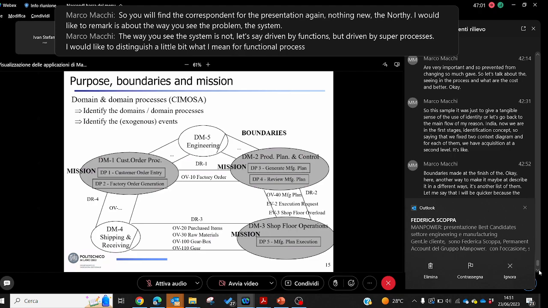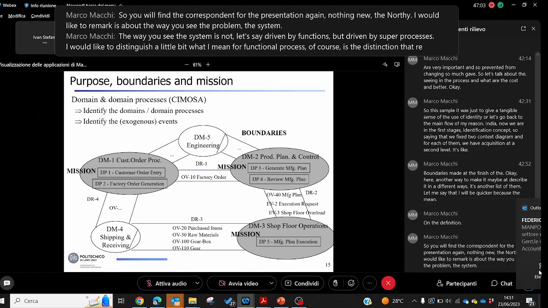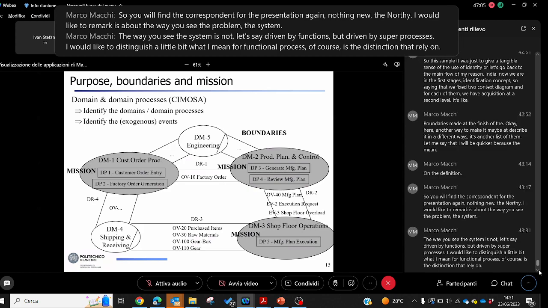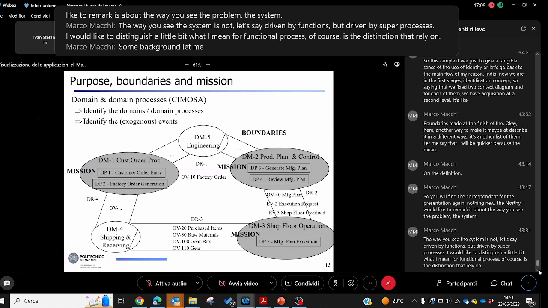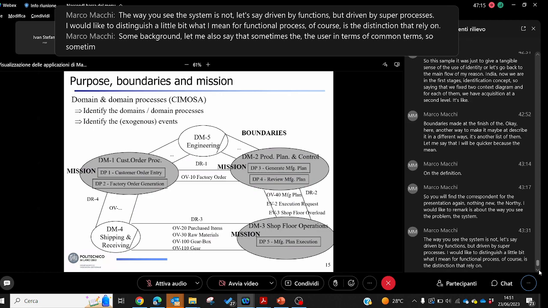Of course, it's a distinction that relies on some literature, some background. Let me also say that sometimes the use of common terms is a little bit sparse. So sometimes you talk about the process, but you mean a functional perspective. So there is a mix.